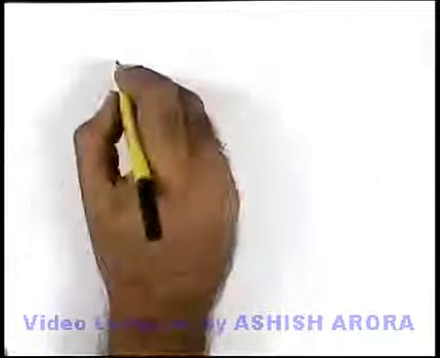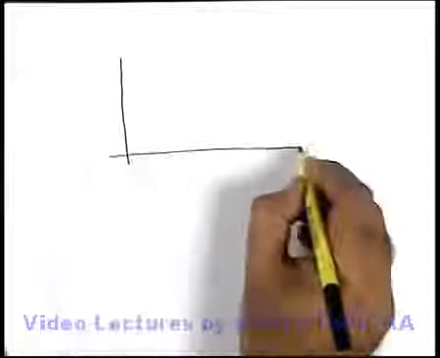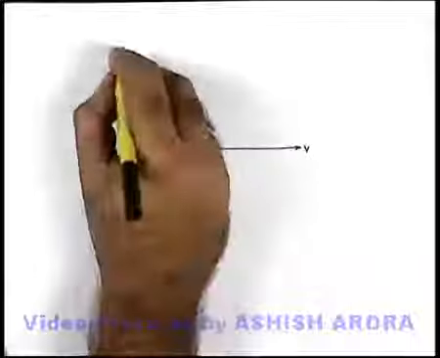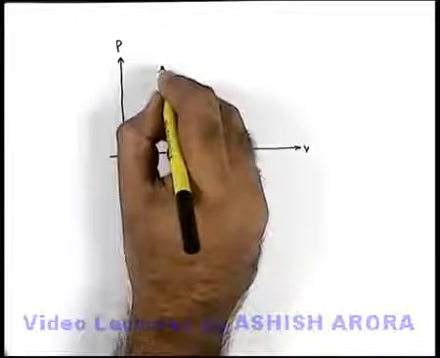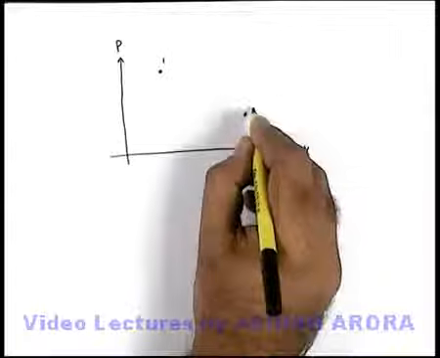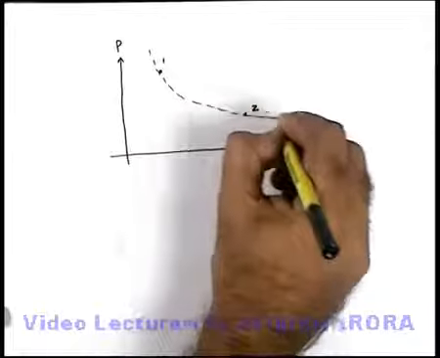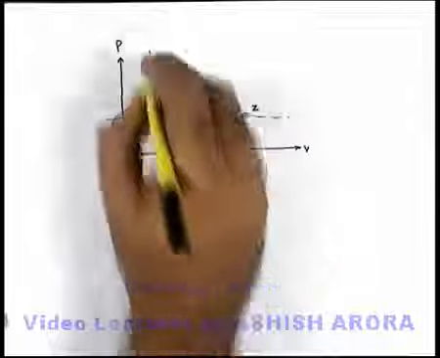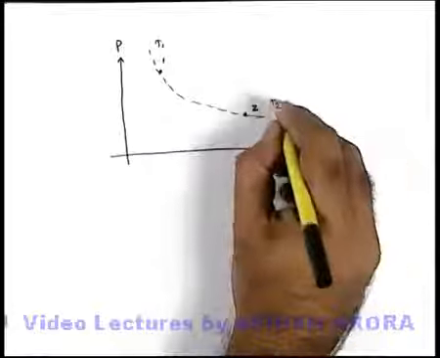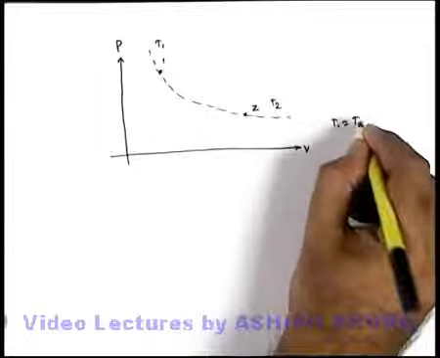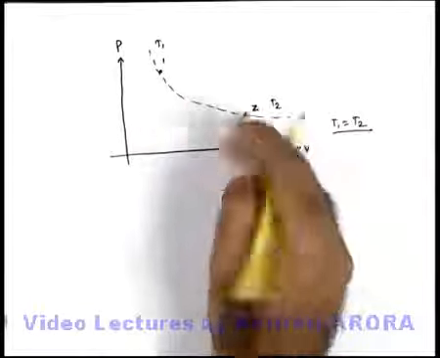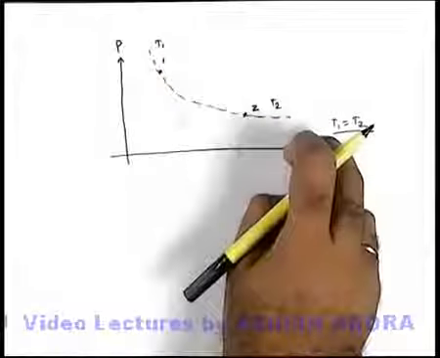If an indicator diagram is plotted like this, between pressure and volume axis, say there is an initial state 1 and a final state 2, and both these states are lying on same isothermal curve, or we can say the temperature at state 1 and temperature at state 2 are equal, then we can state these two states must lie on an isothermal curve.